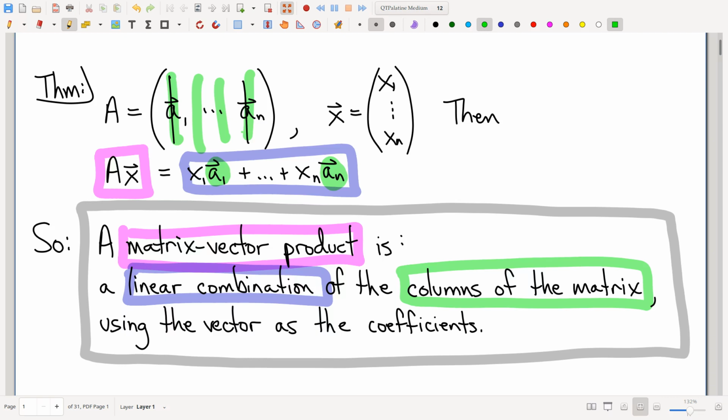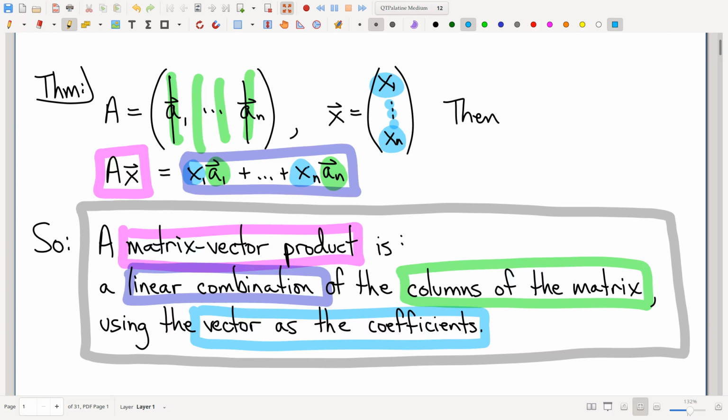And then specifically, we use the coordinates of the vector as our coefficients in that linear combination. So I think this rolls off the tongue pretty nicely. A matrix vector product is a linear combination of the columns using the vector's coordinates as the coefficients. And it's a really nice way to think about matrix vector multiplication.